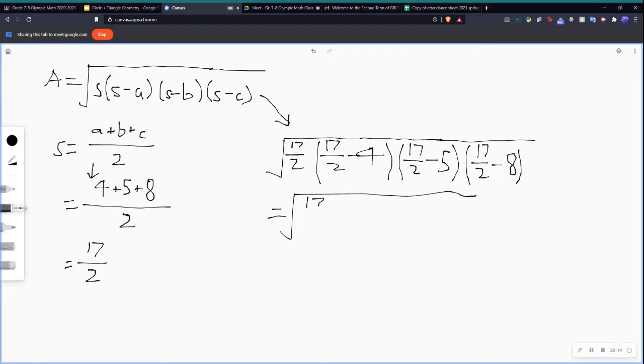All right, so now let's try to simplify whatever is in the brackets. So here we have 17 over 2 times 17 over 2 minus 4. If you do this in your head, you convert 4 to 8 over 2, and you just do 17 minus 8. So I'd give you 9 over 2 times, this should give you 7 over 2, 7 halves, and then this would equal to 1 half.